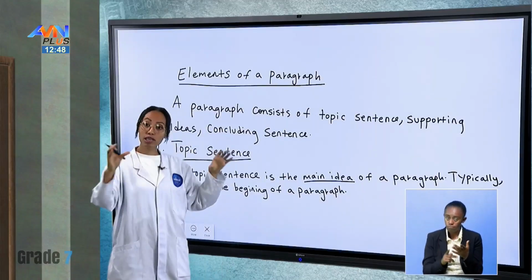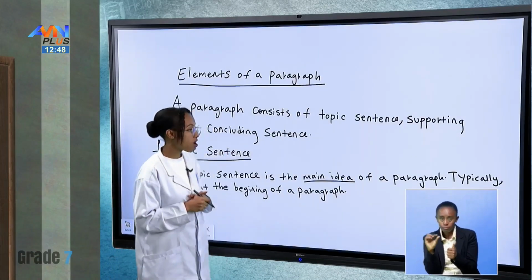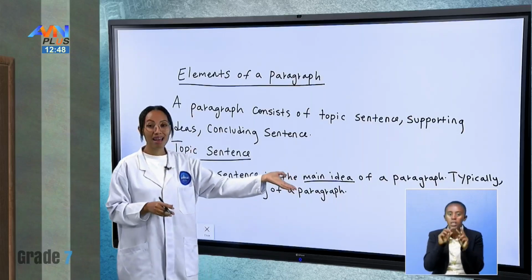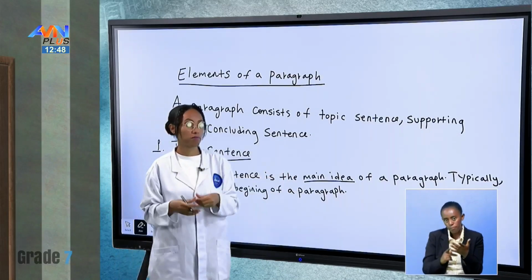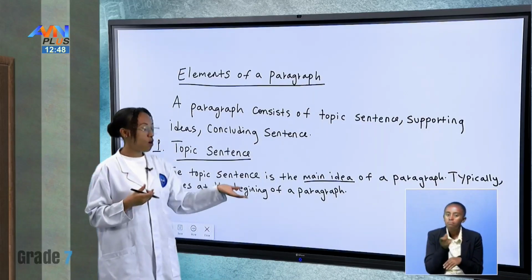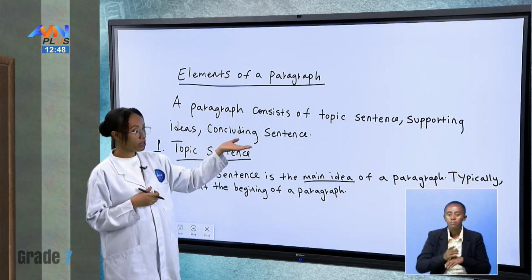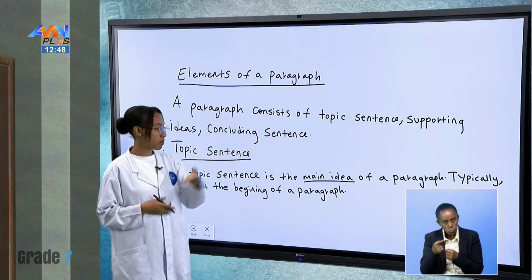So the first few sentences that you see in a paragraph are what? The main idea of the paragraph, where the main information is. What comes after it is where the supporting idea is, where we show evidence and give examples.